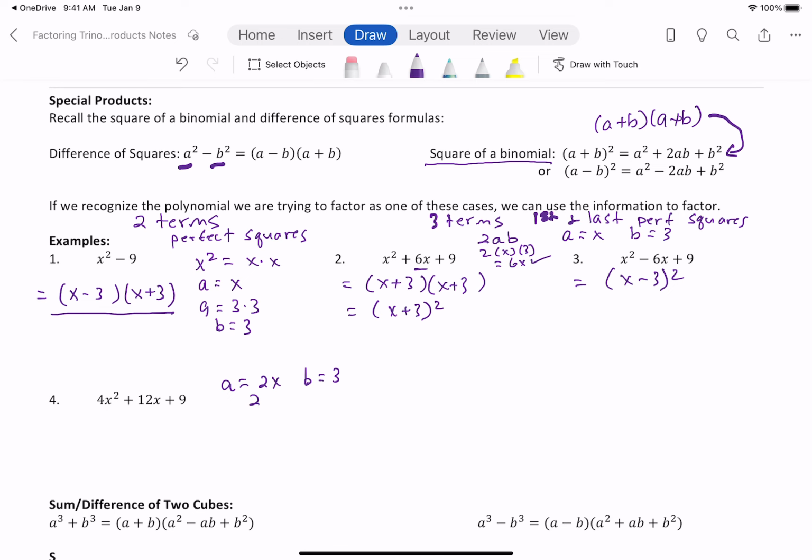And then we need for the middle term to be 2 times the a times the b. 2 times 2x is 4x, times 3 is 12x. And you see that matches the middle term. So all I have to do to factor this, because it's a positive case, we know it's going to be a plus b squared.